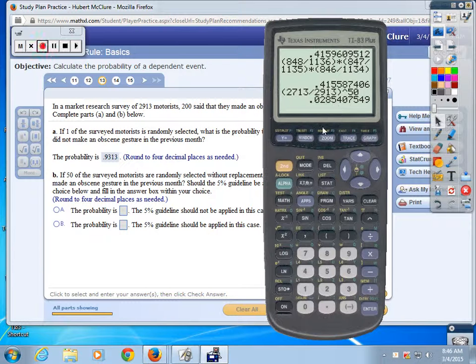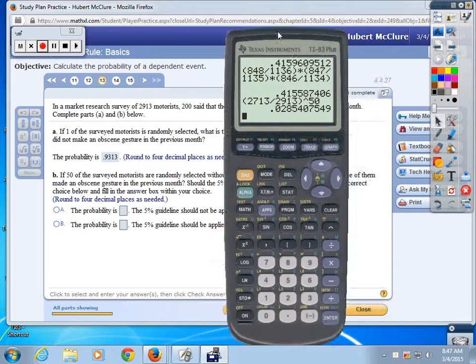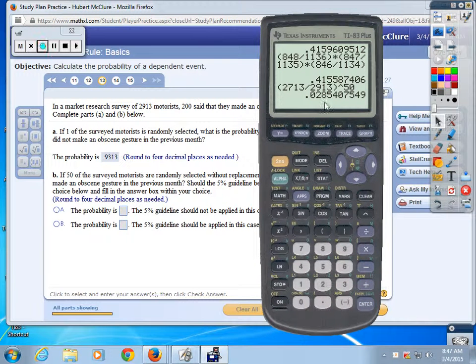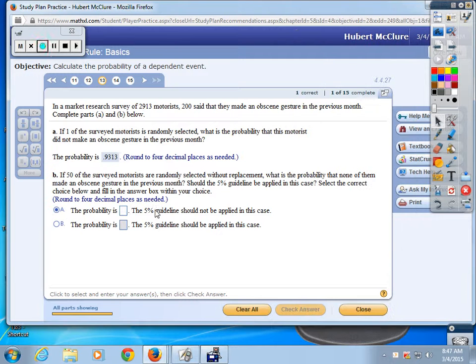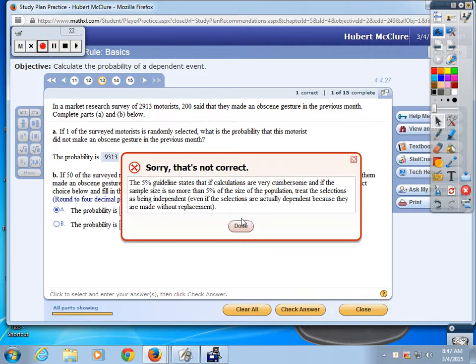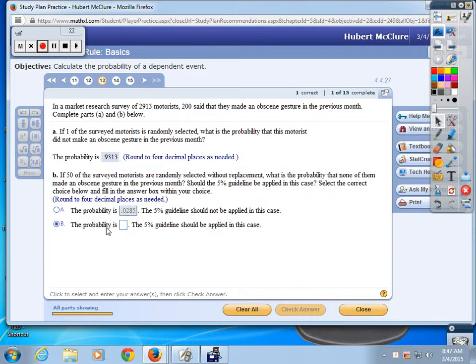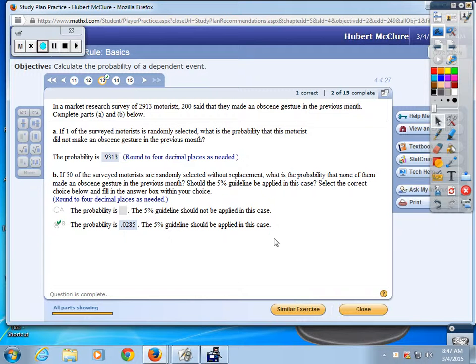What does it say round it to? 4. 0.0285. I guess it should not be applied. I don't understand what the 5% is, must be something the book puts in. I have to read about that.